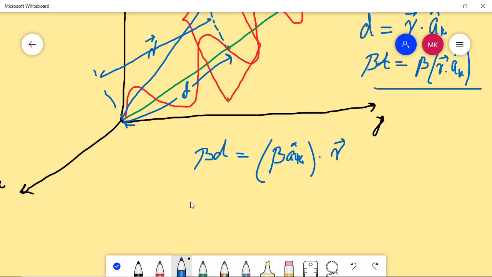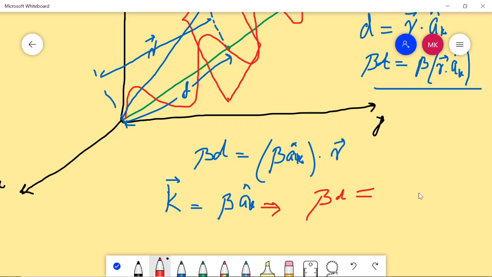So we define the new vector, this is the k vector, the wave number vector, which equals beta times AK. Therefore this phase beta D can be computed using k dot r. So when you have k dot r, you will get this projection and you will get the same phase.